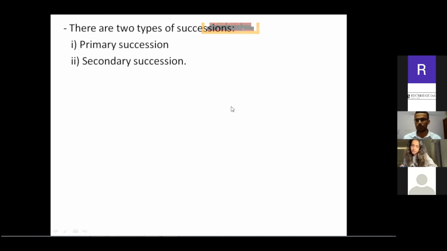And last arrow, when certain stability is reached, a climax community is developed. Fine. So what is climax community? In bracket you can write, final stage in the succession.